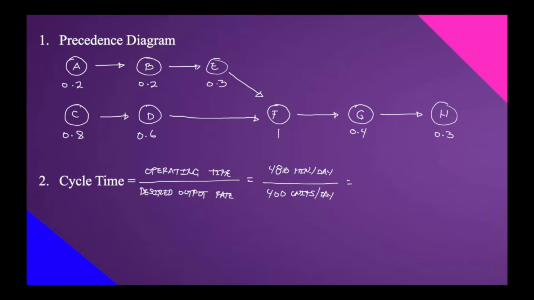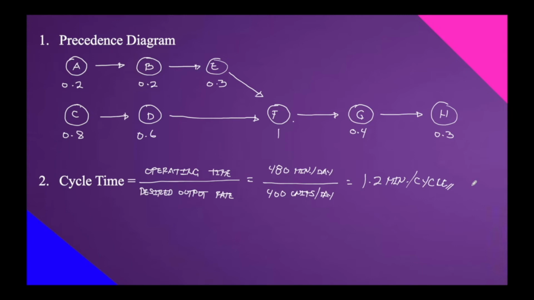Okay, so 480 divided by 400. Let's have it here. 480 divided by 400. That is 1.2. So our cycle time is 1.2 minutes or 1.2 minutes per cycle. So ayun po yung tawag natin dyan.